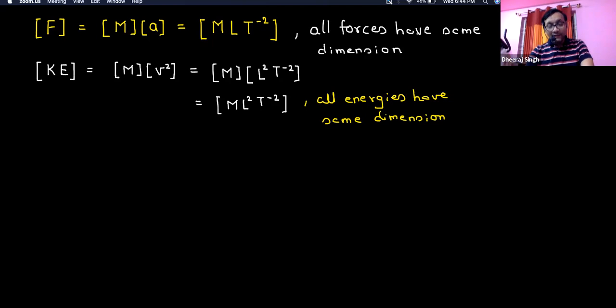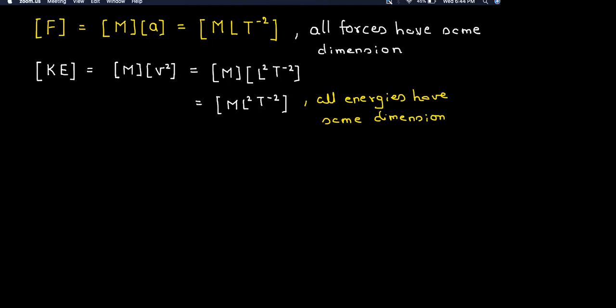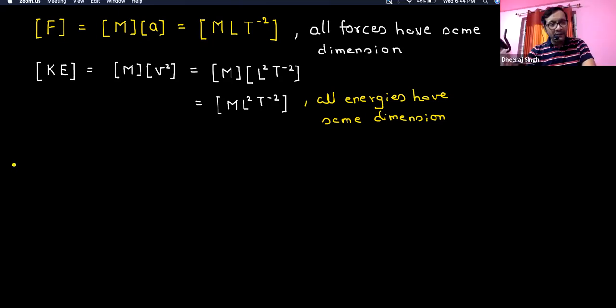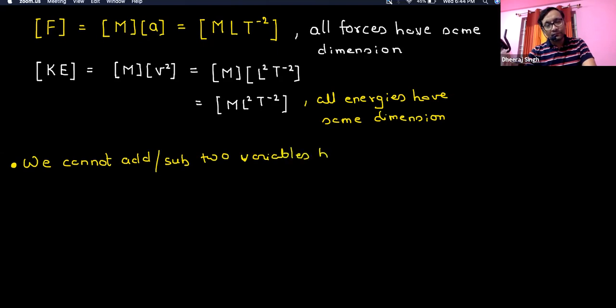Okay. Now let's talk about a few things related to dimensional equations. Point number 1 is, we cannot add or subtract two variables having different dimensions.